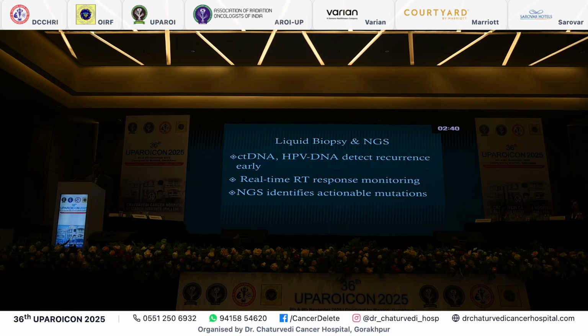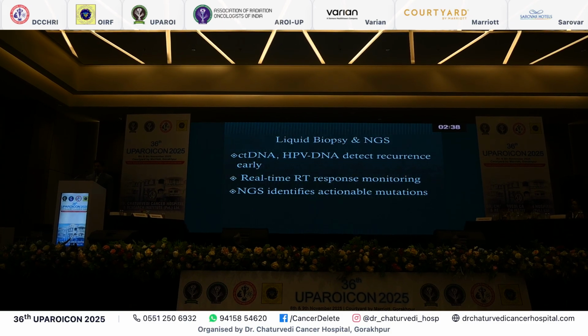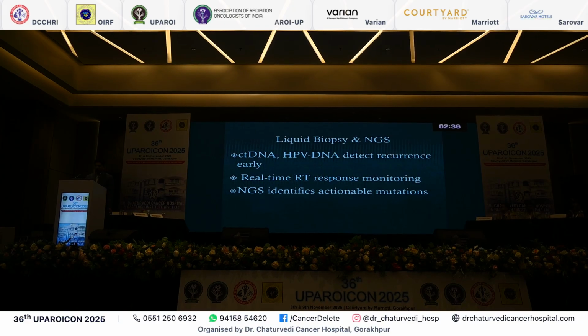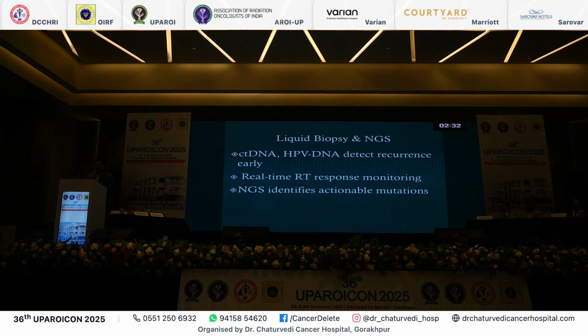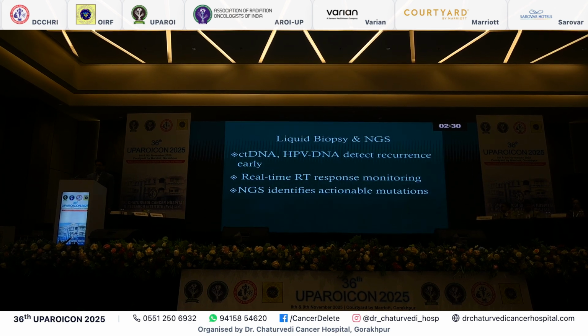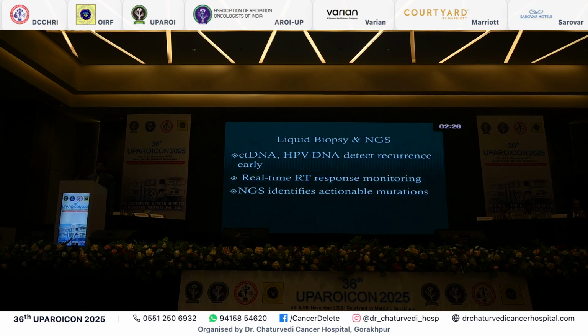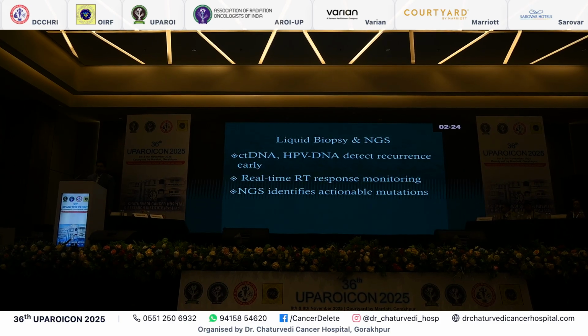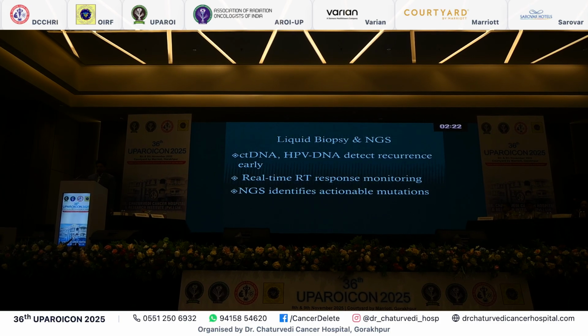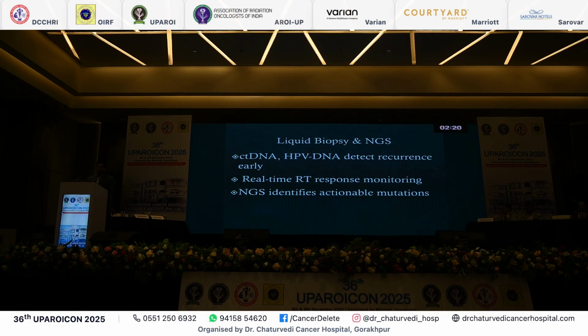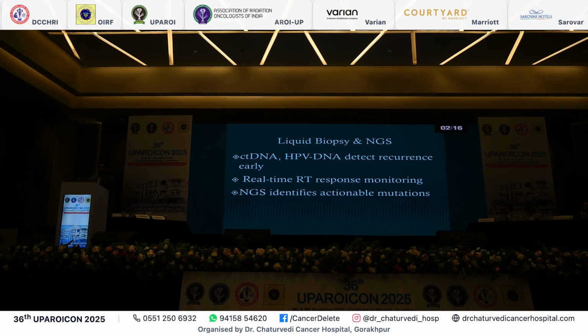Circulating tumor DNA and HPV DNA detect the recurrence early, and show real-time RT response monitoring, and NGS identifies novel mutations in the recurrent tumors, looking for new targets when other treatments fail.